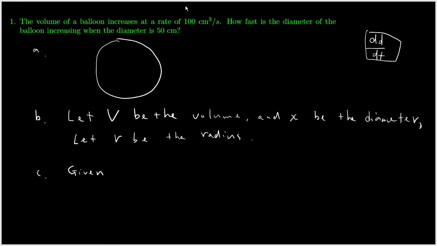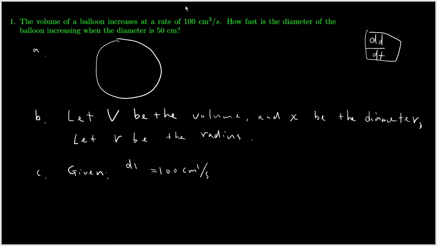Anybody want to tell me a notation representing that 100 cubic centimeters per second? I'm looking for the left hand side. What do you want to use to denote 100 cubic centimeters per second? It's the rate of change of the volume. Now the problem is how to represent the rate of change of the volume using Leibniz notation.